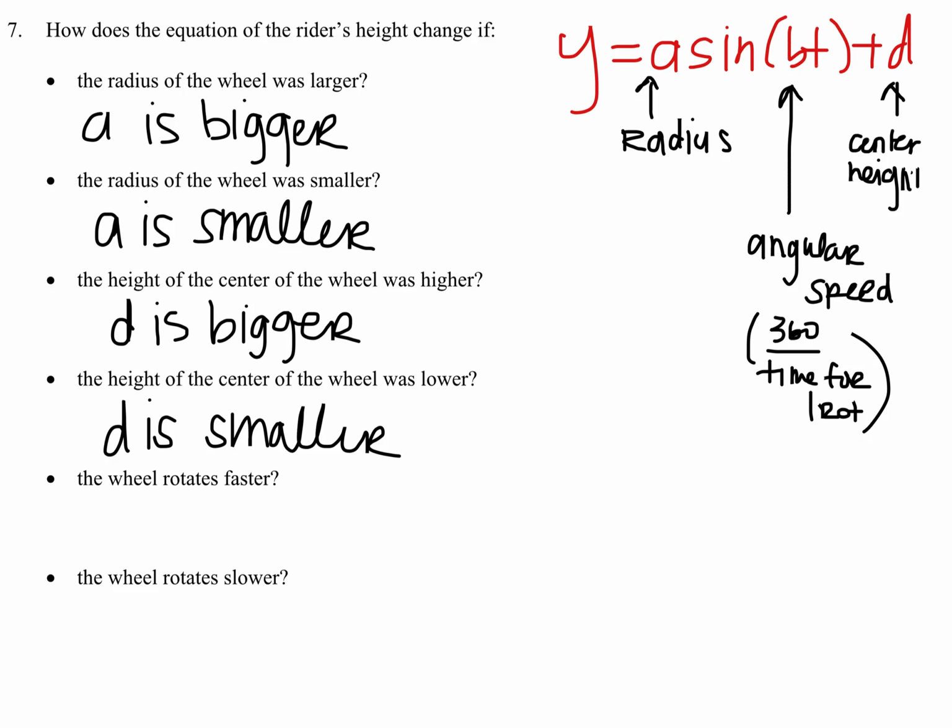If the wheel is rotating faster, that means that B is going to be bigger. But you remember we said that means my wavelengths are going to be shorter. So the bigger number means it's going to squish it in. And if the wheel is rotating slower, that means that B is going to be smaller.